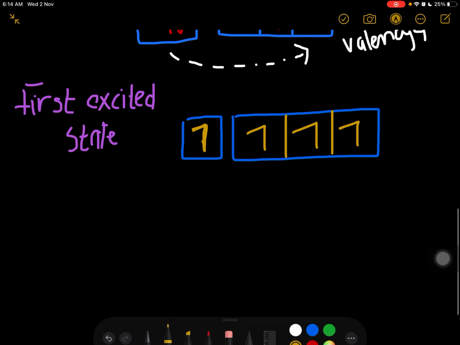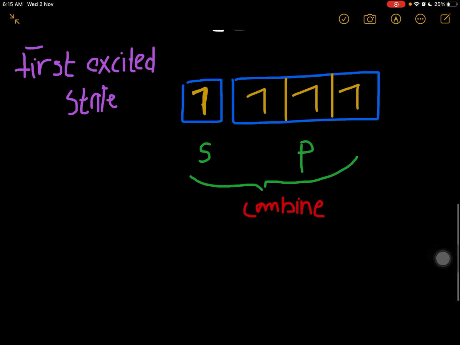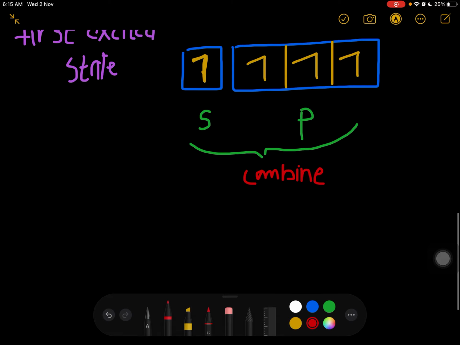Now you can see this is an S orbital and these are P orbitals. They have nearly the same energy. They will combine together and form 4 orbitals.